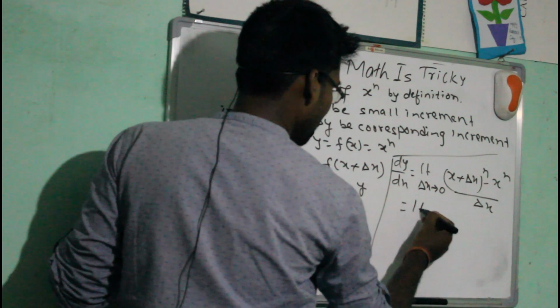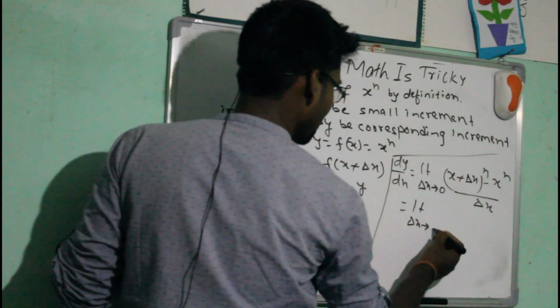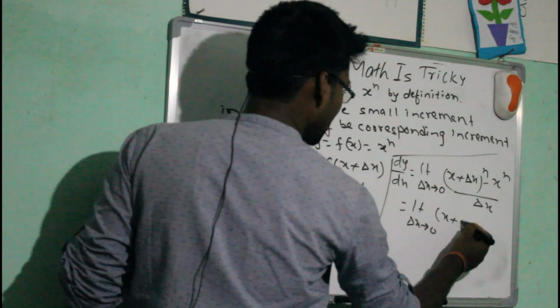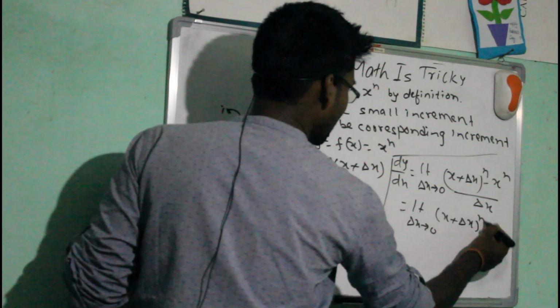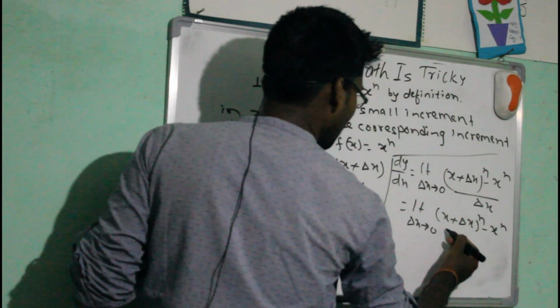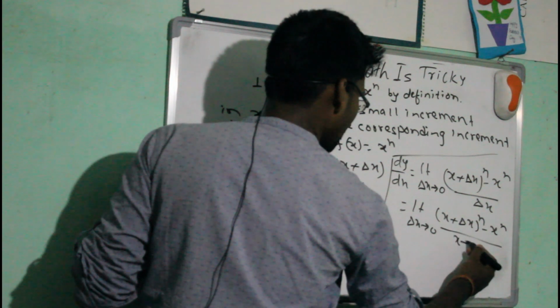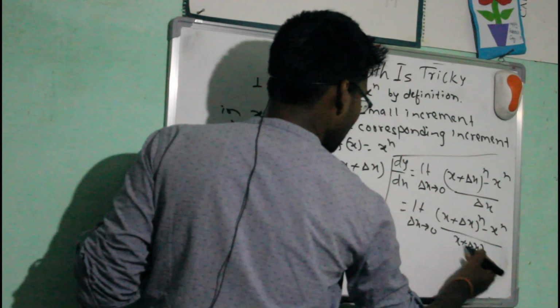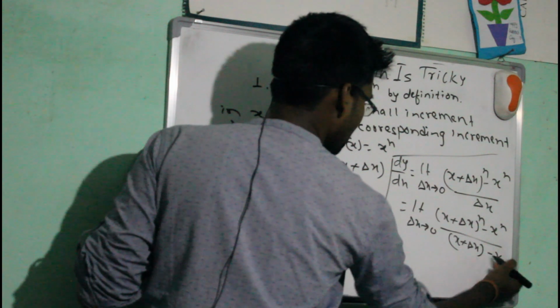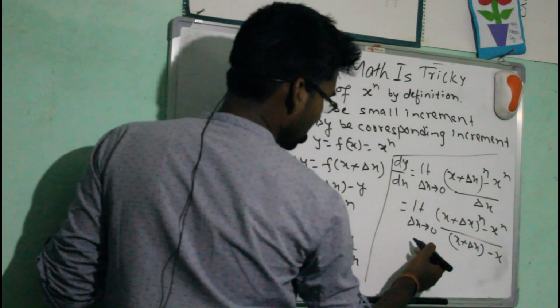We can write this as limit delta x tends to 0 of x plus delta x whole power n minus x power n, by x plus delta x minus x, because x and x will cancel and we get delta x as it is.